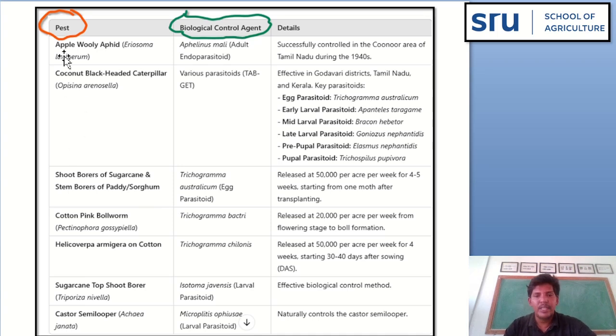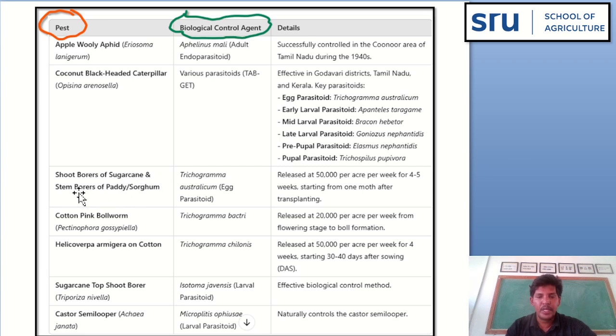The same table is given here: pest and biocontrol agents. Woolly aphid is managed by Aphelinus mali, that is an adult endoparasitoid. Coconut black-headed caterpillar is managed by the egg parasitoid Trichogramma australicum, early larval parasitoid Apanteles taragamae, mid larval parasitoid Bracon hebetor, late larval parasitoid Goniozus nephantidis, prepupal parasitoid Elasmus nephantidis, and pupal parasitoid Trichospilus pupivora.